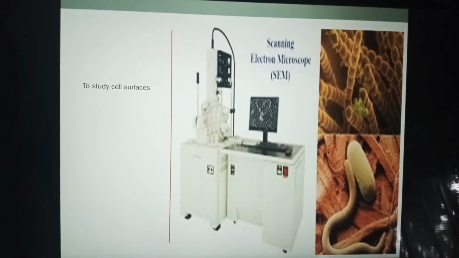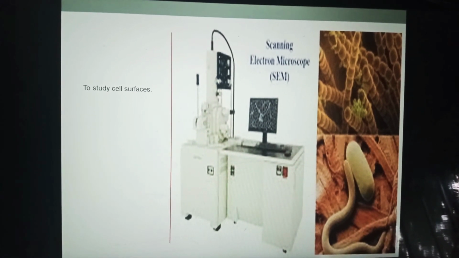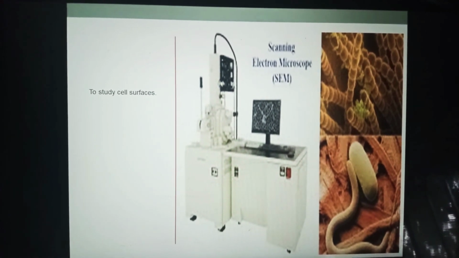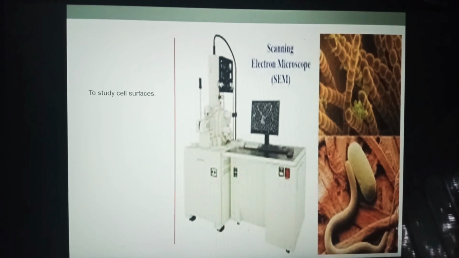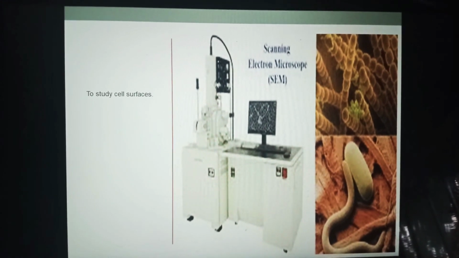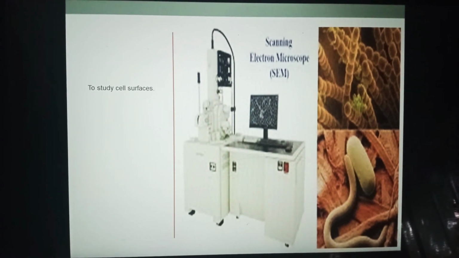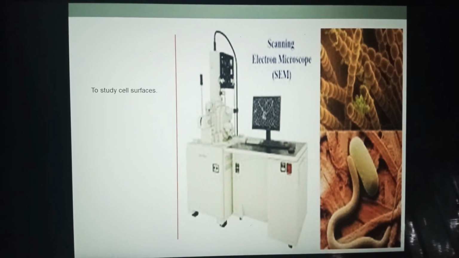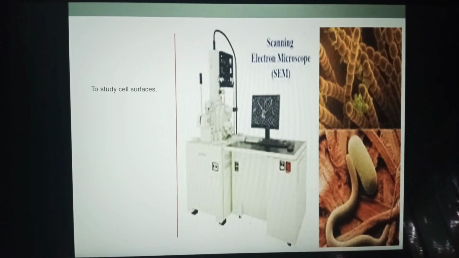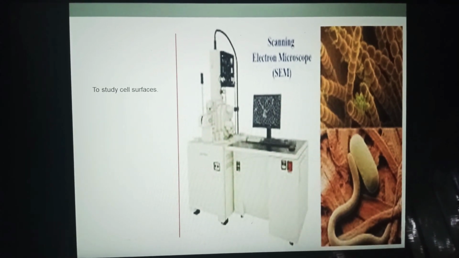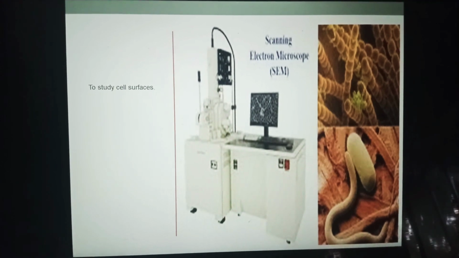The scanning electron microscope is the second type of electron microscope, and it is used to study cell surfaces. In scanning electron microscopes, electrons are reflected from metal coated surfaces, and it is used to study the structure of cell surfaces.